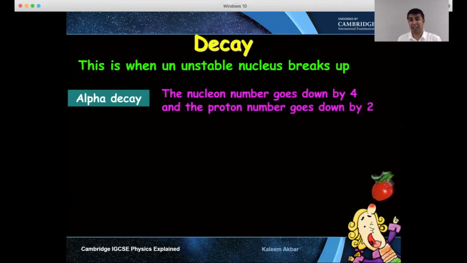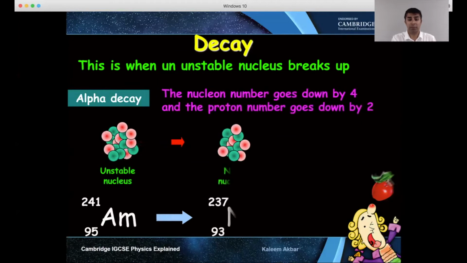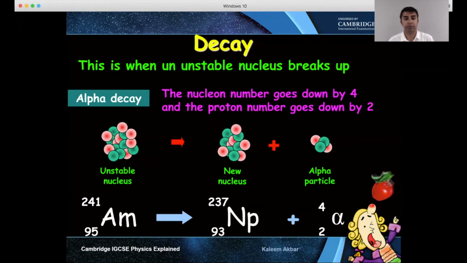Now, if it's alpha decay, what will happen is this nucleus, for example, in this case, a mercurium, if I've pronounced it correctly, will decay to form a brand new element and give off an alpha particle. So, this unstable nucleus gives off an alpha particle and turns into something else.